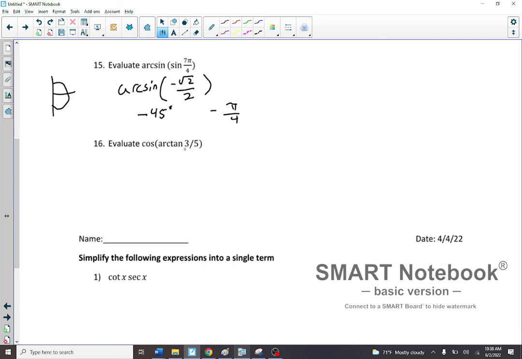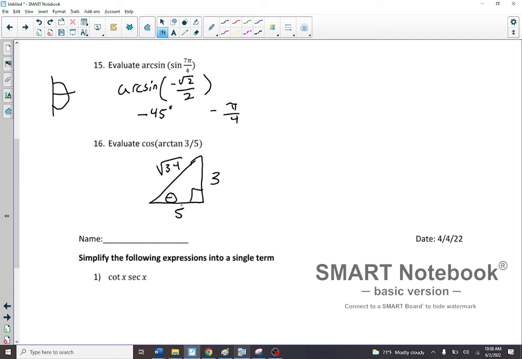Cosine of arctan 3 over 5. In this one, I remember when we had the test, people were confused because they're like, how are we going to get the angle if I don't have a calculator? Here, you don't need the angle, because I know tangent is 3 over 5, which means, SOHCAHTOA, opposite over adjacent, so 3, 5, which means the hypotenuse is the square root of 25 plus 9, 34.